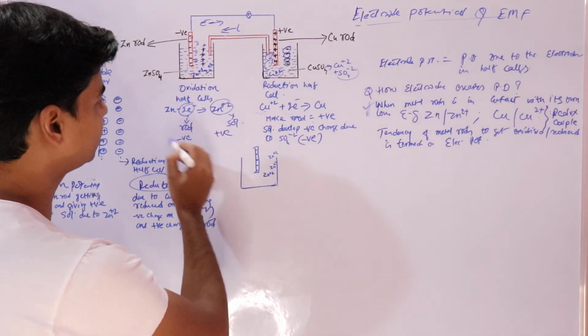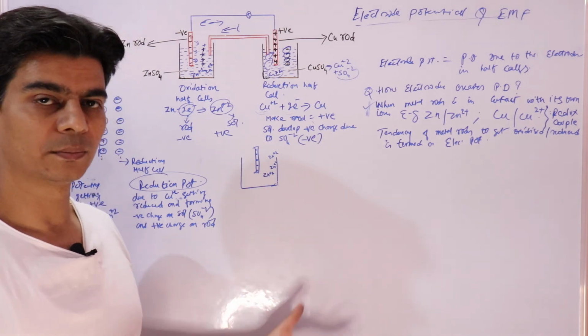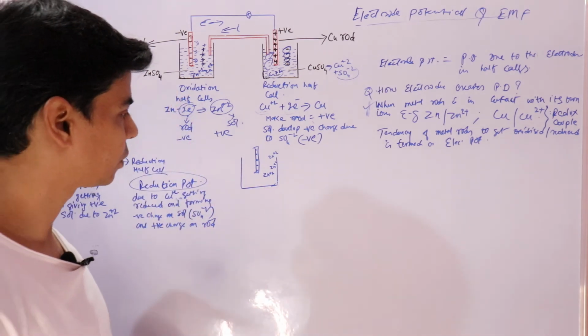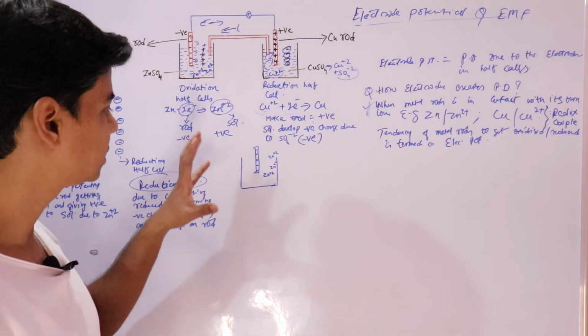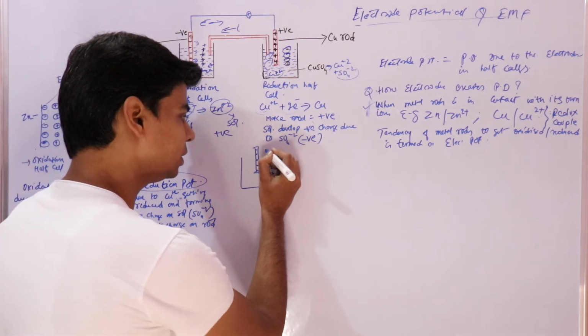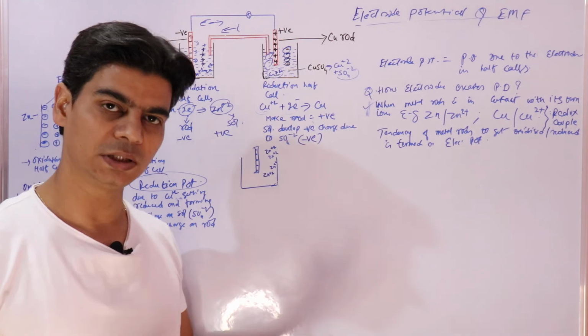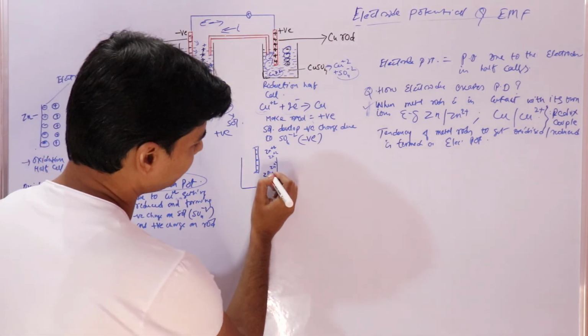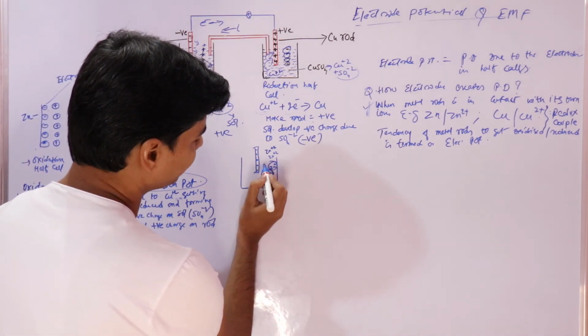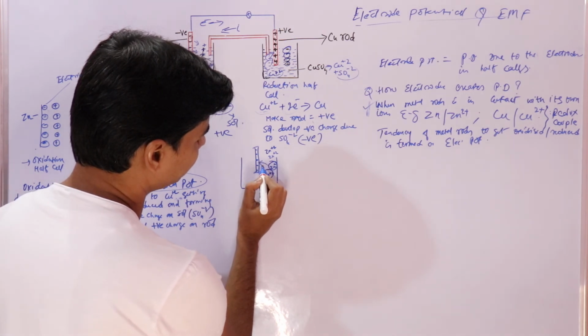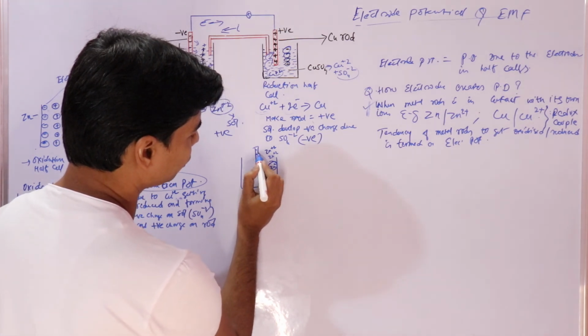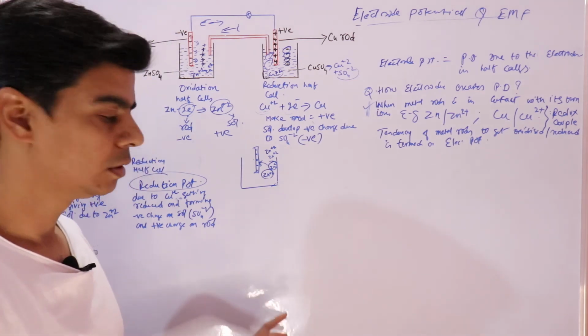So oxidation is in progress when there are less number of ions. Now when the number of zinc ions has increased, when the concentration of ions has increased, what will happen? Some of these zinc ions will get attracted by the electrons which are on the rod. So what is happening?